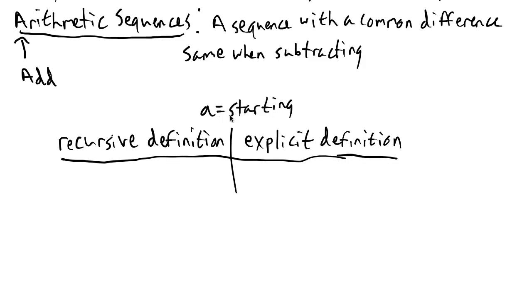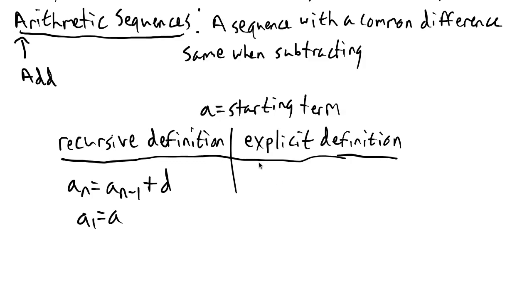If it's recursive, right, we dealt with these before, but now we're looking at this as an arithmetic sequence. It's going to give us some easier definitions. If it's recursive, all that's happening is our newest term will be equal to whatever the previous term is plus our common difference. And we're going to start at whatever our starting term is.